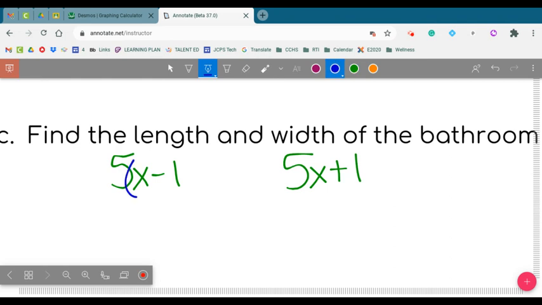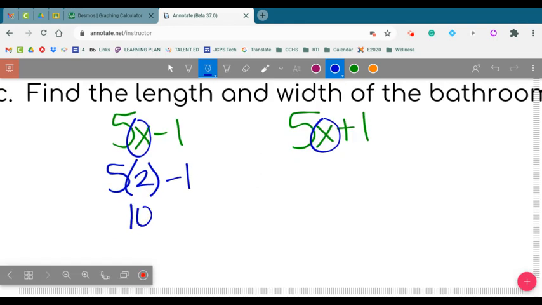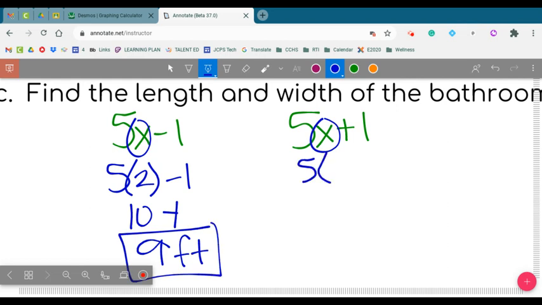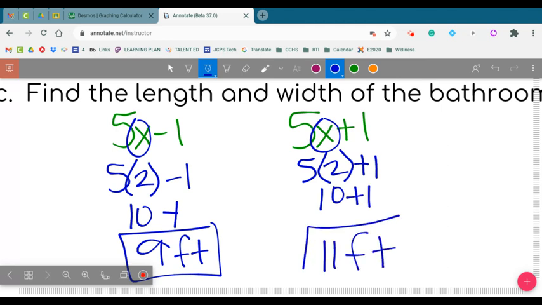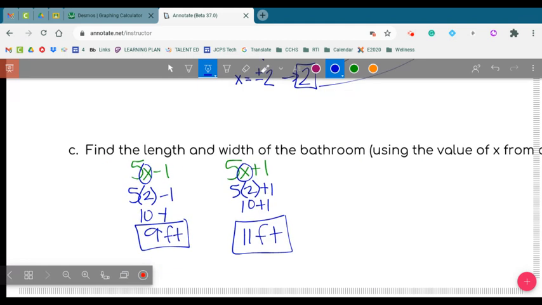So I plug in 2 for my x because that's what I found. So I have 5 times 2 minus 1. So 10 minus 1, which equals 9. So my length is 9 feet. And then 5 times 2 plus 1, you get 10 plus 1, which is 11. So my width is 11 feet. And that's my answer to that problem.